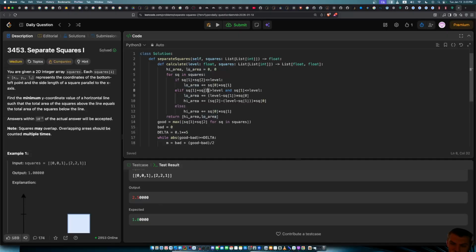If square 1 plus square 2 is greater than the level, and the level is higher than square 1, then the low area is going to be level minus square 1, and then here it's going to be square 2 minus length.